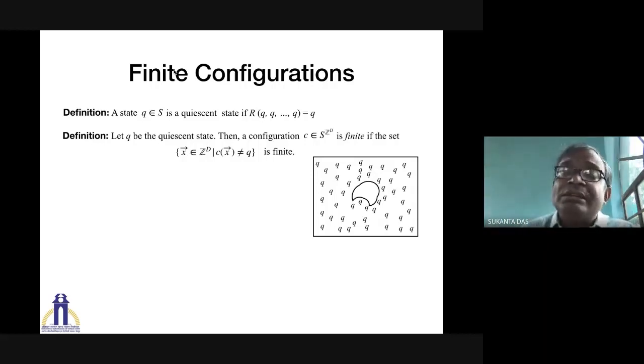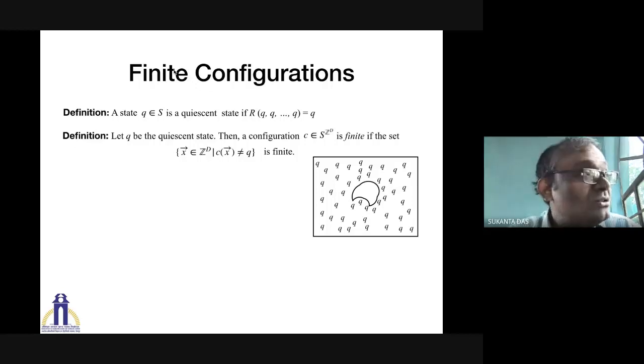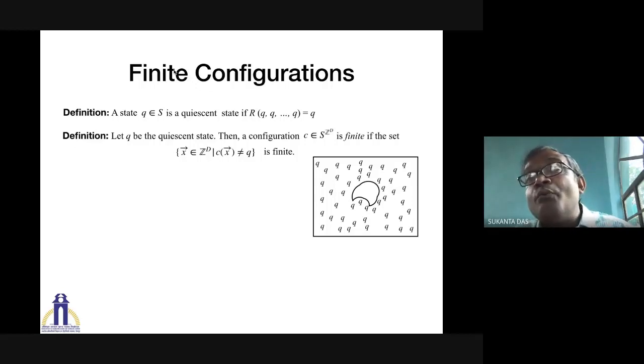If it is so, then this configuration is called a finite configuration, right? You can recall that in the last class, when we were discussing the game of life, the example we gave considered finite configurations only. Particularly, we can deal with finite configurations, right?